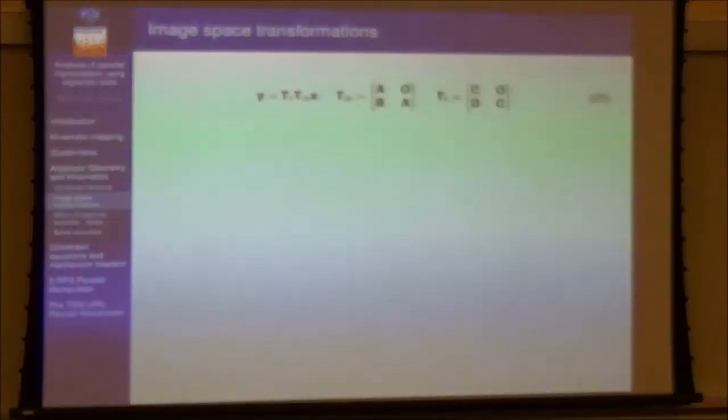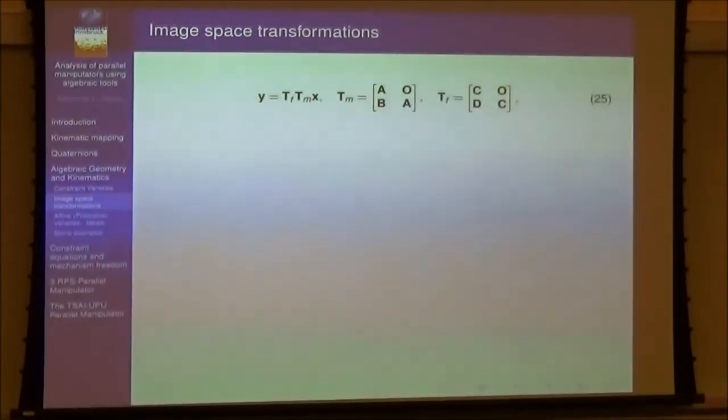They are linear of this type. These are the matrices belonging to it. I could write it as quaternions if you wish. But these are now image space matrices, meaning that this is a 4x4 matrix, this is a 4x4 matrix, this is a 4x4 matrix. Tm means a change of coordinate system in a moving system. Tf means a change of coordinate system in a fixed system.